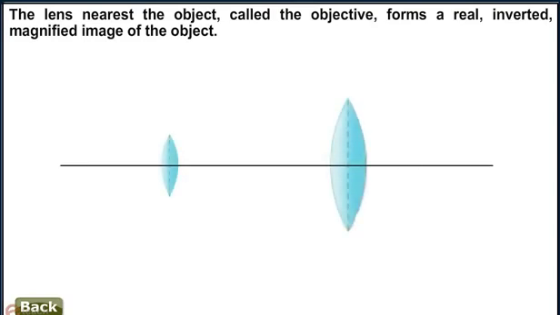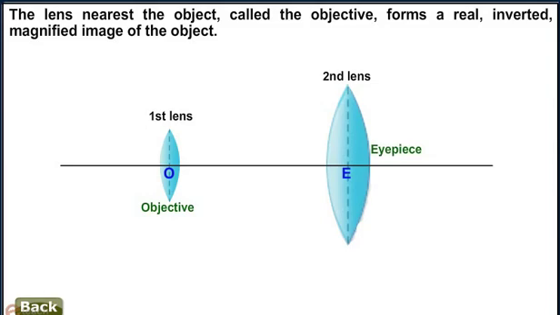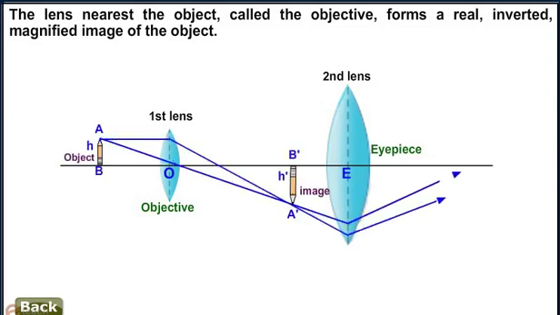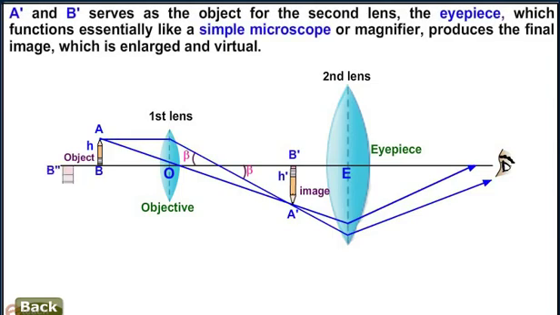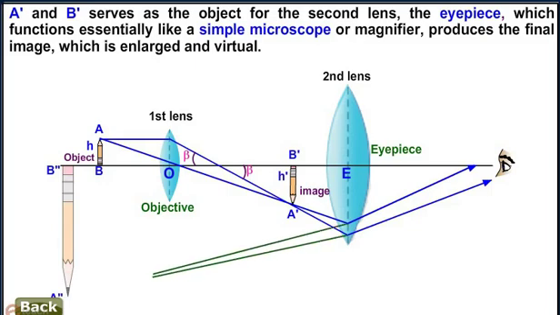The lens nearest the object, called the objective, forms a real, inverted and magnified image of the object. A prime B prime serves as the object for the second lens, the eyepiece, which functions essentially like a simple microscope or magnifier, producing the final image, which is enlarged and virtual.